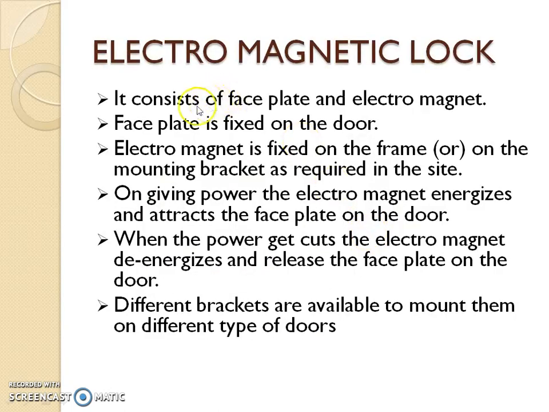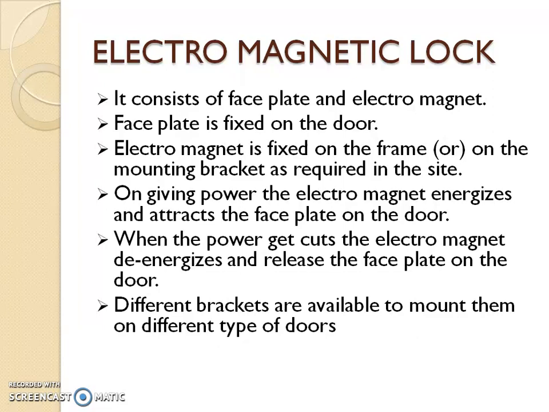As I showed in the image in the previous slide, it consists of a faceplate and an electromagnet. The faceplate is fixed on the door, specifically on the door leaf. The electromagnet is fixed on the door jamb, or sometimes on the floor. Electromagnets are not permanent magnets.